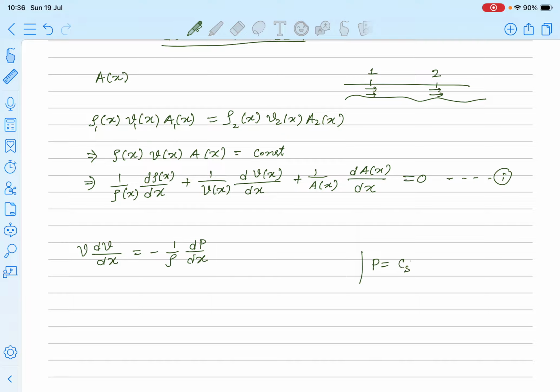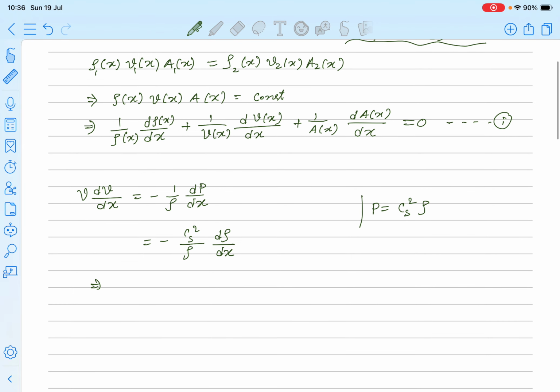So dp equals Cs squared d rho, where Cs is the sound speed in the medium. So you can write this as minus Cs squared by rho d rho/dx.